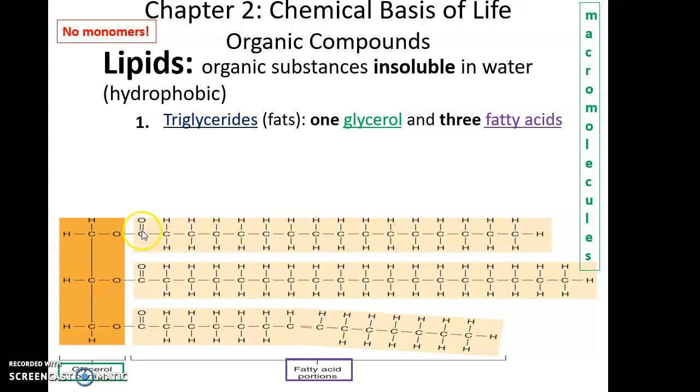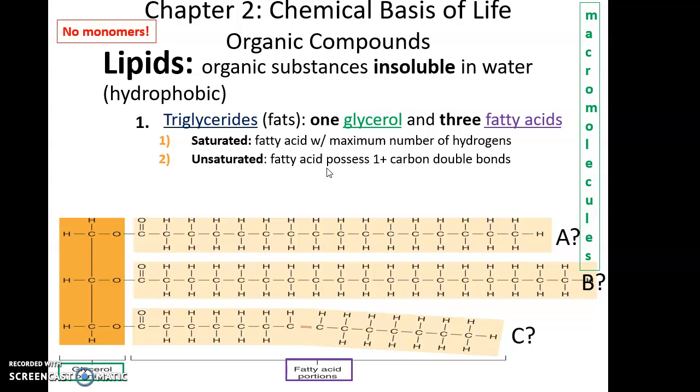The fatty acids are a long chain of carbons bound to hydrogens, except for the very first carbon that's bound to the glycerol, which has an oxygen, but for the most part, it's just a long chain of carbons and hydrogens. There are different kinds of fatty acids that are different lengths and sometimes have double bonds in them. So a triglyceride, the most common form of lipids, is made of one glycerol molecule and 3 fatty acids.